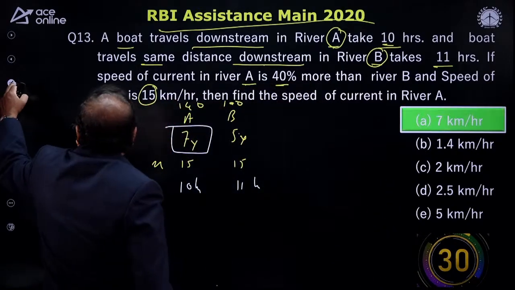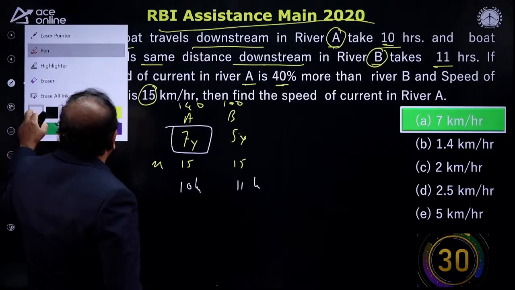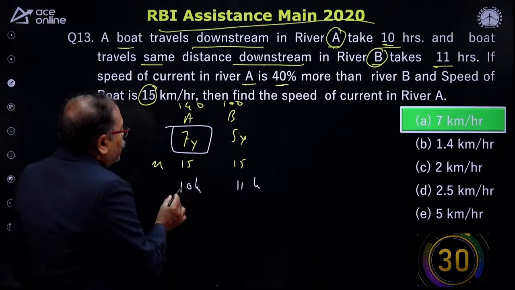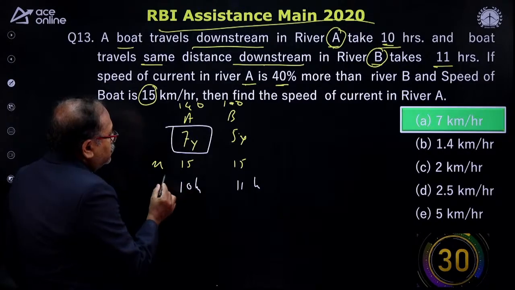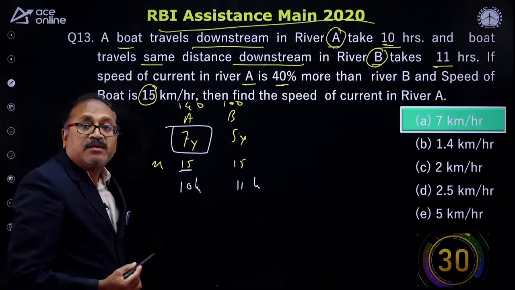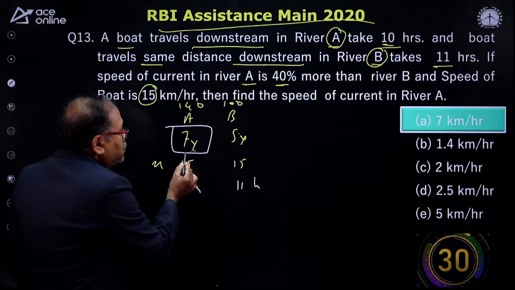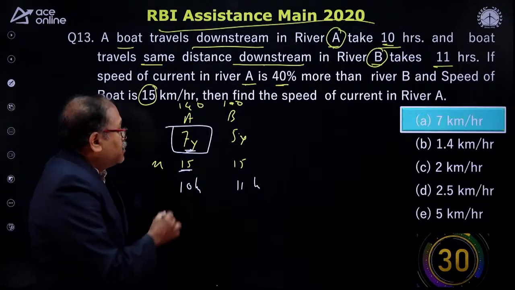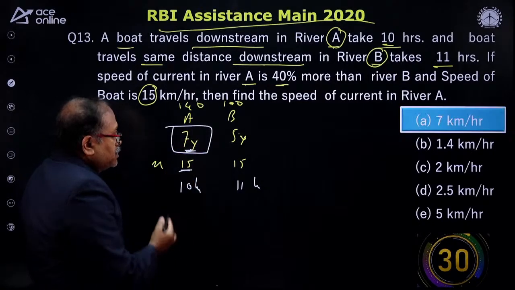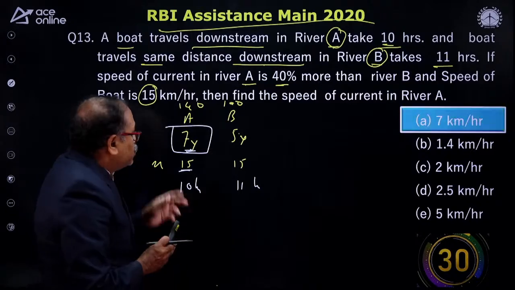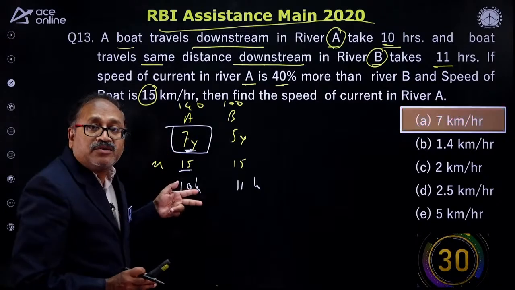So now how to answer this question? Let me answer this question here. Now we know that this is the speed of the boat and this is the speed of the current. Downstream is the sum of these, and time taken is 10. Speed into time is equal to distance.